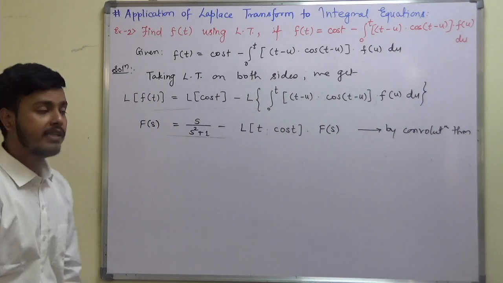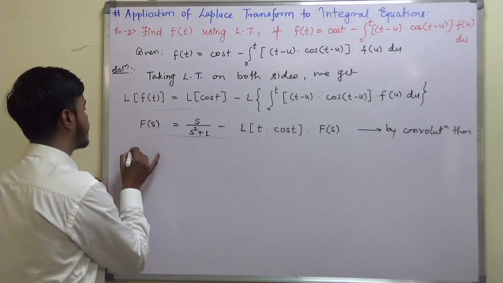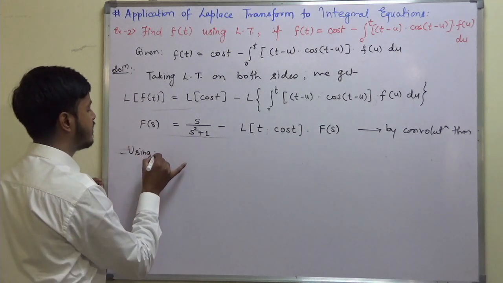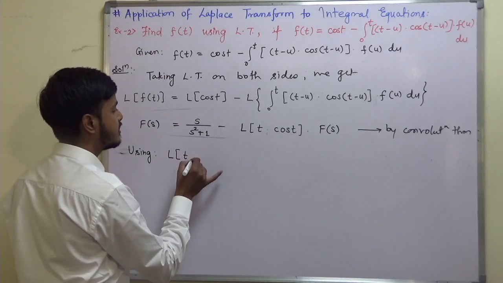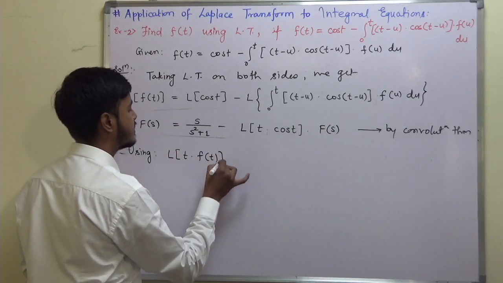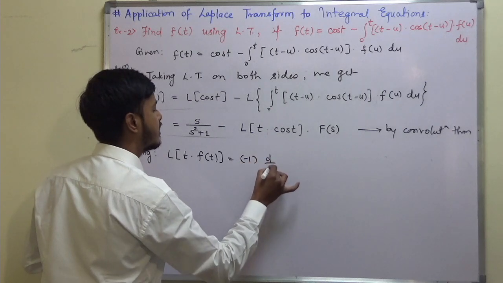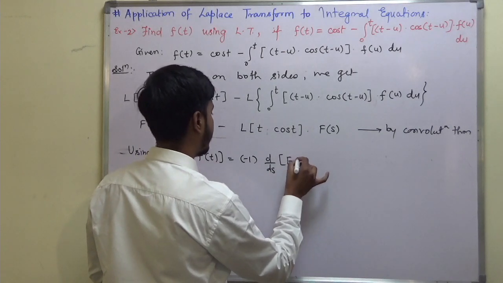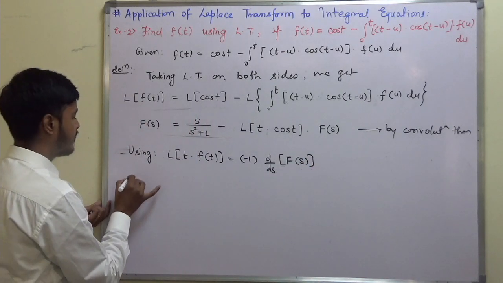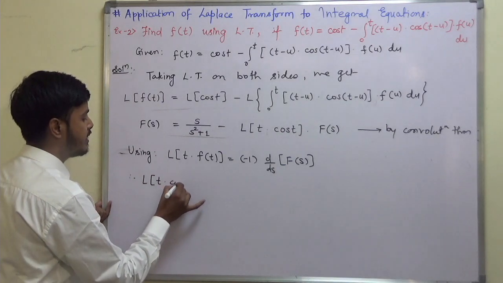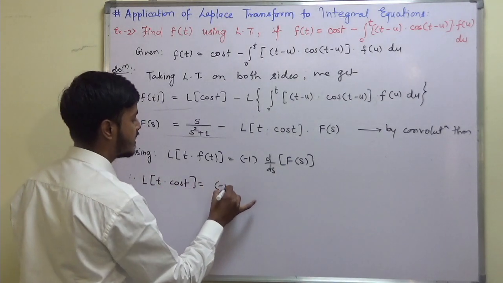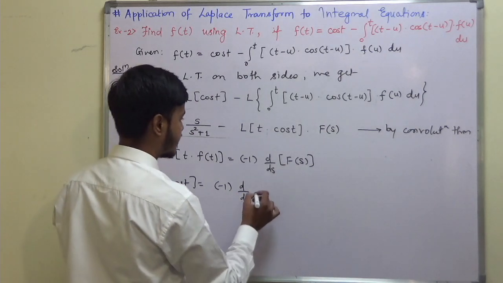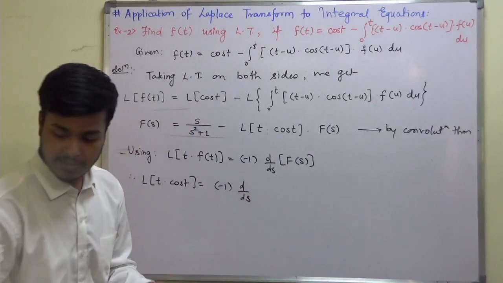That we have already taken. Now f of s is this, so you can write using Laplace transform of t into f of t is equal to minus 1 dds of f of s. Therefore Laplace transform of t into cos t is equal to minus 1 dds of the Laplace transform of cos t.